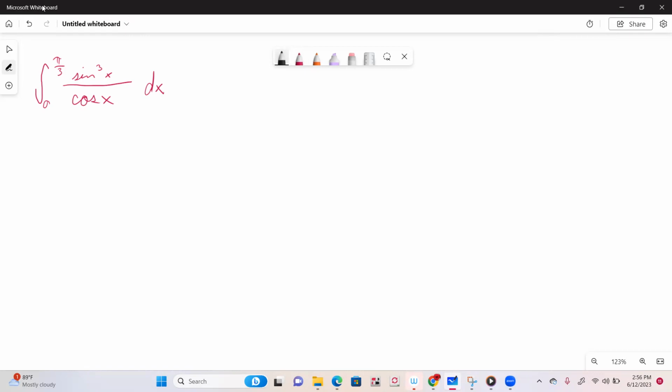Now, the first step I did in order to solve this problem is I simplified it a little bit. So I rewrote this problem so that we have sine cubed x times cosine to the minus 1 of x. These are equivalent problems.